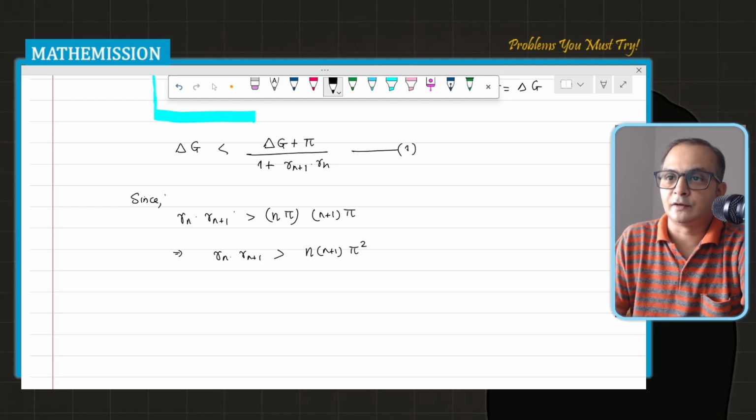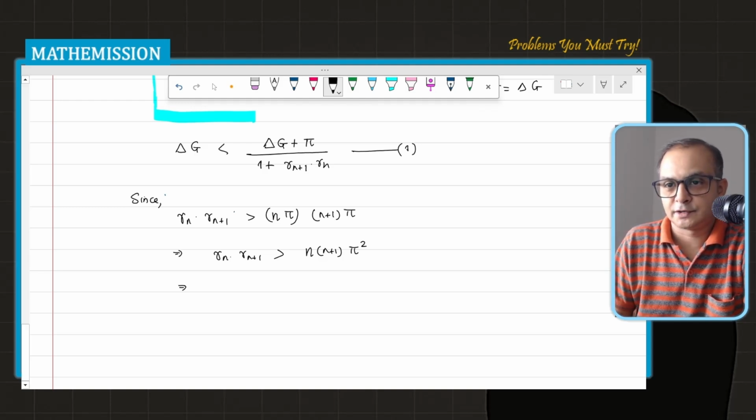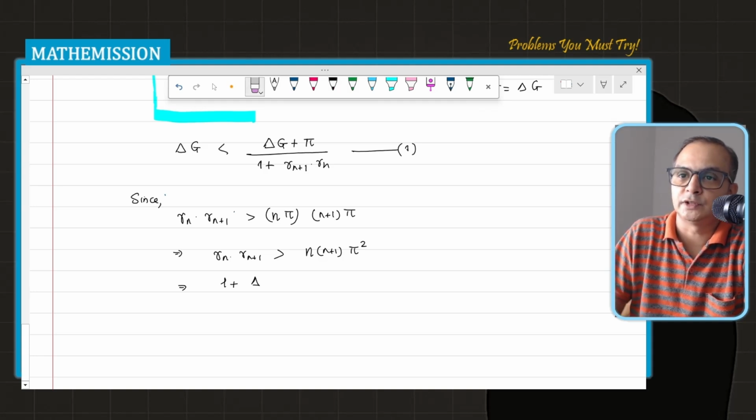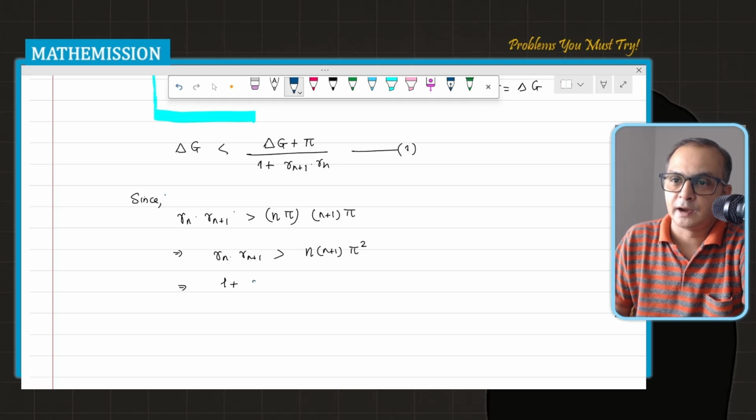But I need 1 added to this expression in the denominator and also multiplied by delta g plus π on the top. It will not give any change in the inequality if I add 1. So that will give 1 plus r_n into r_{n+1}, and here 1 plus n into (n+1) π squared.